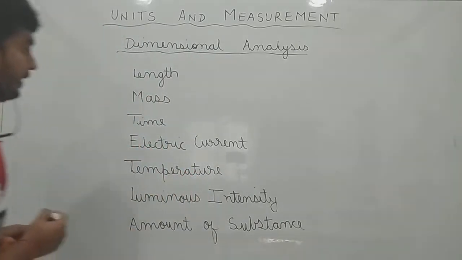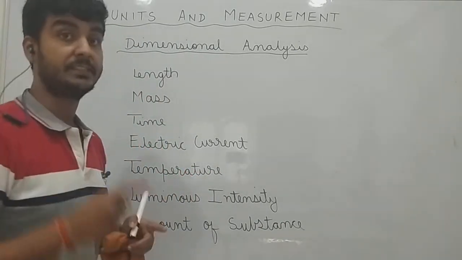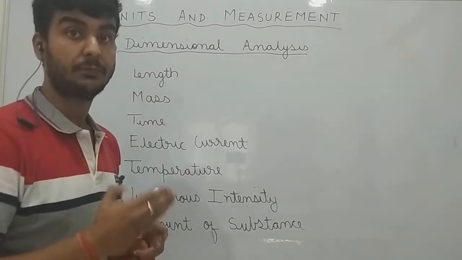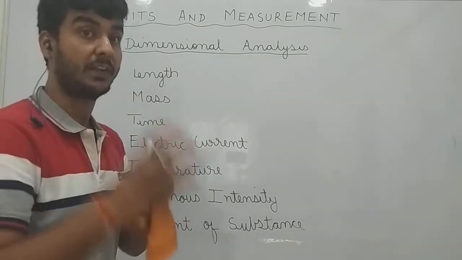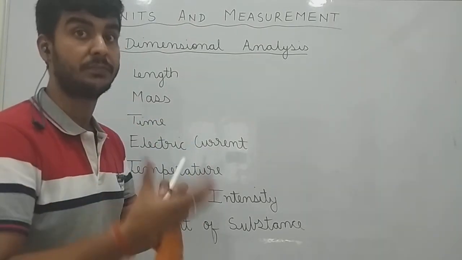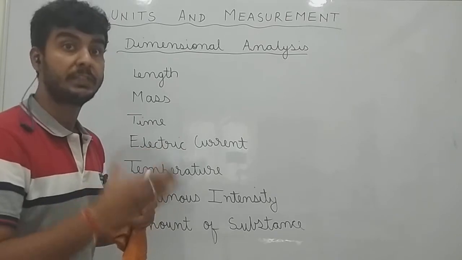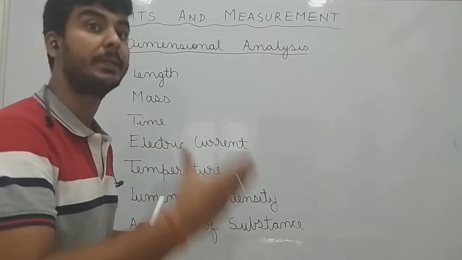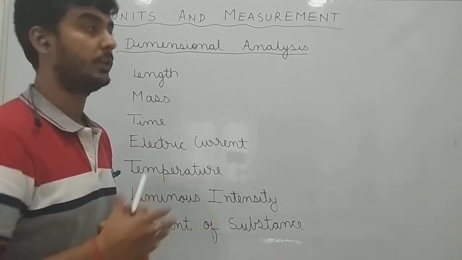Now these are the 7 fundamental quantities. These 7 fundamental quantities form the 7 fundamental dimensions of our physical world. Means we will be using those physical dimensions to represent derived quantities.